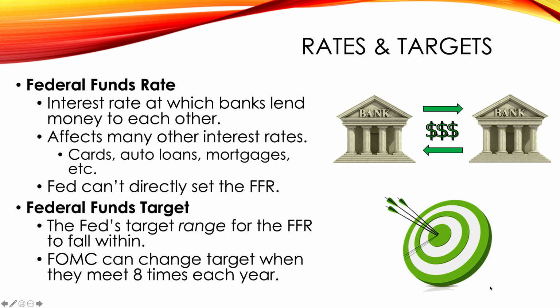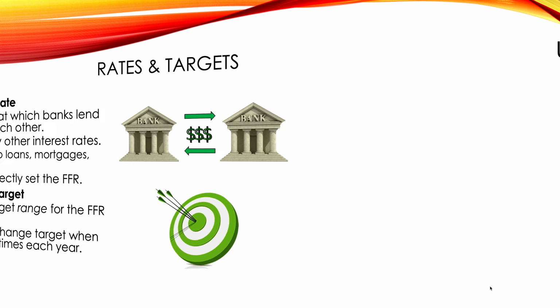They don't have to change it 8 times a year, but they have the option to. Or if there's some kind of emergency, the FOMC can meet even more than 8 times a year. With everything going on with coronavirus, the FOMC has been meeting more frequently to adjust to market conditions. So how is the federal funds rate, or more accurately the federal funds target, a part of monetary policy?